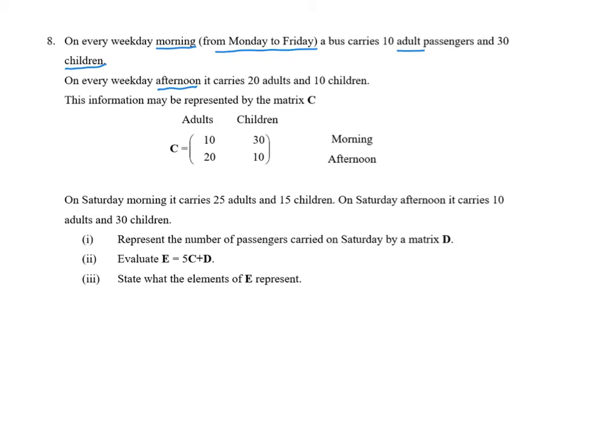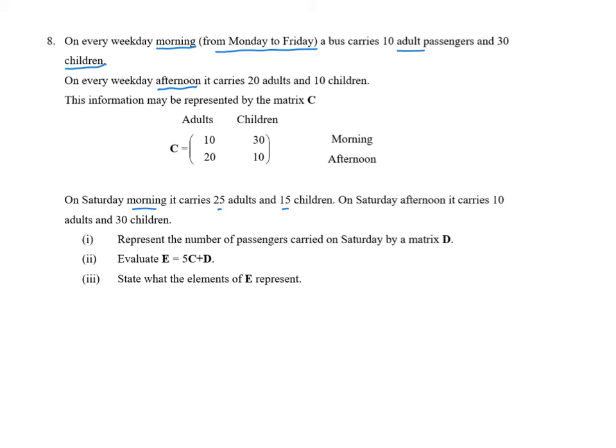So taking a look at our matrix over here, we have morning and afternoon, 10 and 30, then 20 and 10. On a Saturday morning, it carries 25 adults and 15 children. And Saturday afternoon, it carries 10 adults and 30 children.